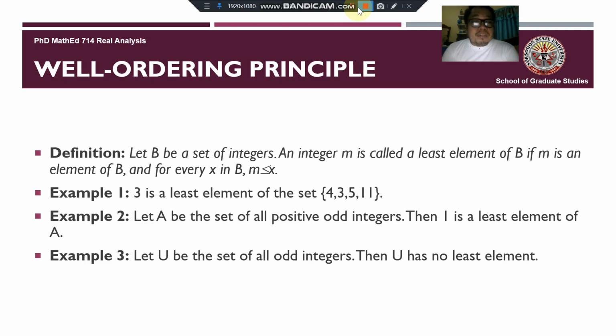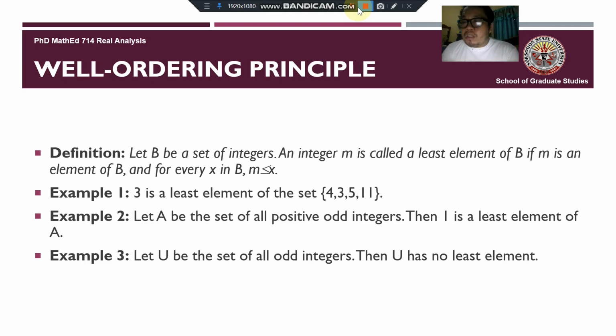Then an integer M is called the least element of set B if M is an element of B, and for every X in B, M is less than or equal to X. Since M is the least element, that is the reason why the last part of the definition includes that M is less than or equal to X.